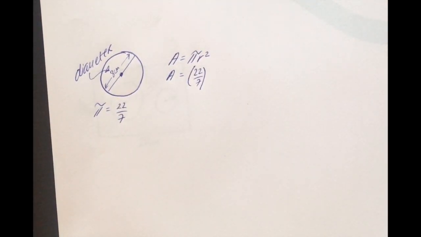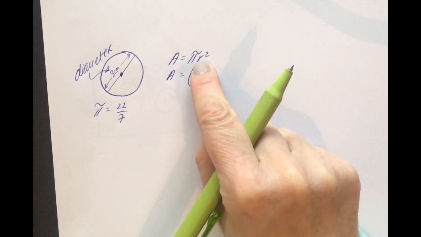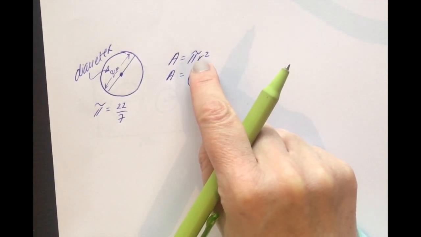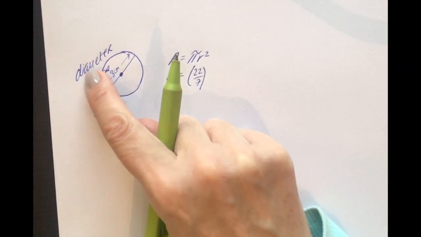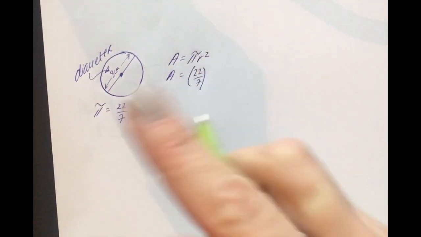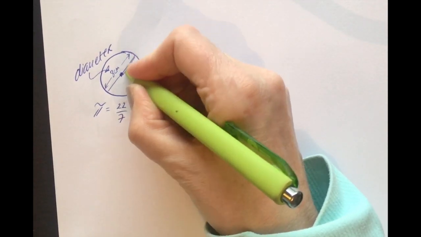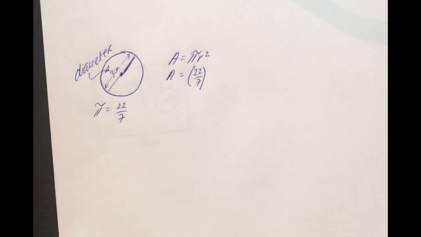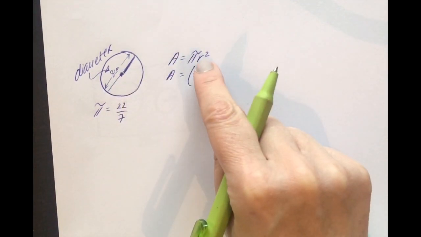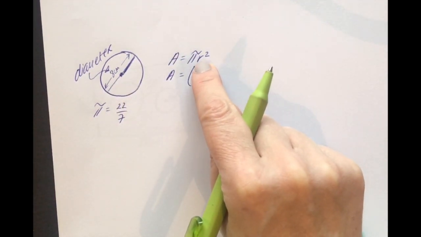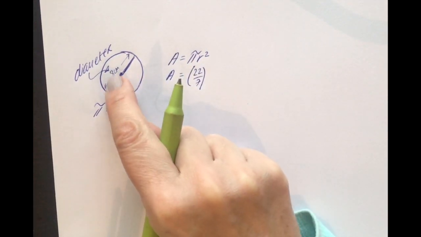Now I don't use the diameter in my formula. I need the radius. The radius is half the diameter. So if you're given the diameter, be very careful to watch out for this, because sometimes they can sneakily put in the diameter and pupils mistake it for the radius. You need to make sure you have the radius for the formula, but you may be given the diameter.